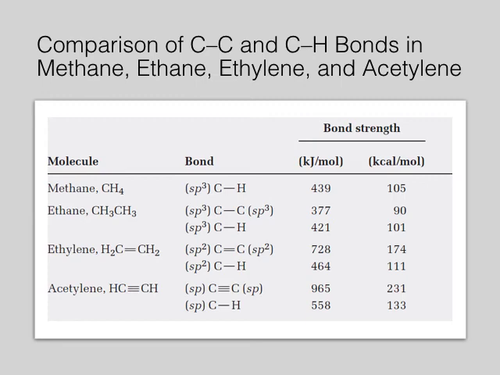That is very high compared to the 105 kilocalories per mole for the single bond of methane. So if we have to arrange the following, the weakest bonds will be attributed to the single bonds, followed by the double bonds, and followed by the triple bond.